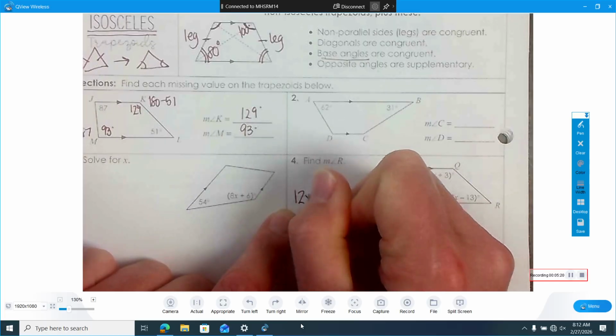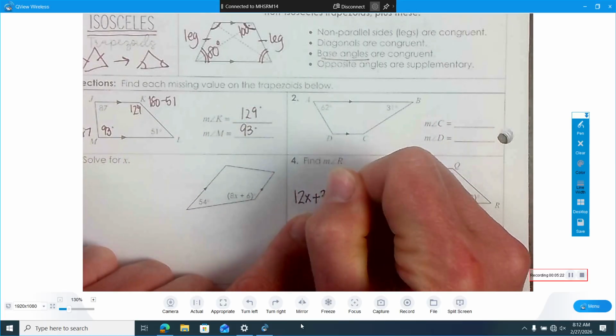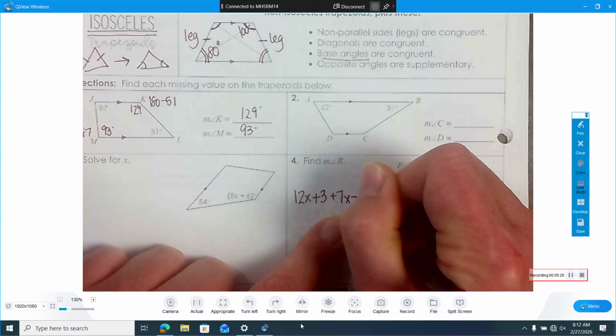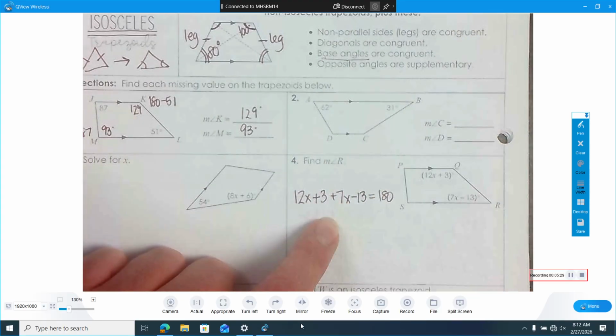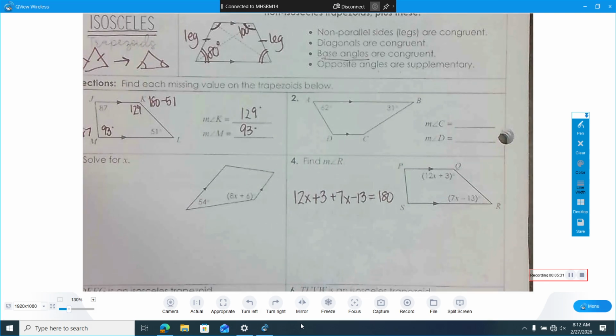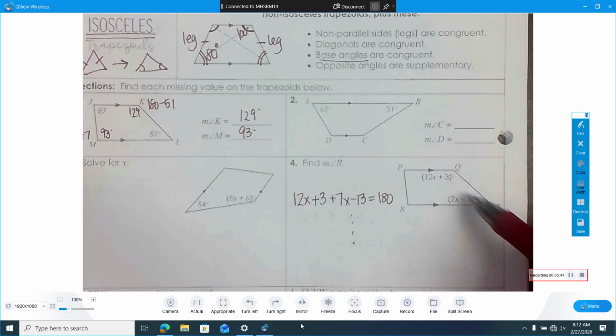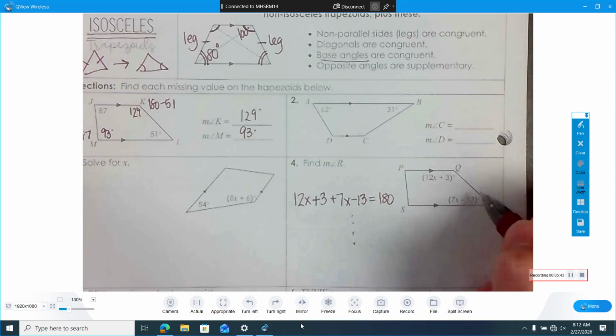So 12x plus 3 plus 7x minus 13 equals 180. Do we need to go further, or is that okay? That's okay. Everybody agree? Okay. Consecutive angles between those parallel lines add to be 180.